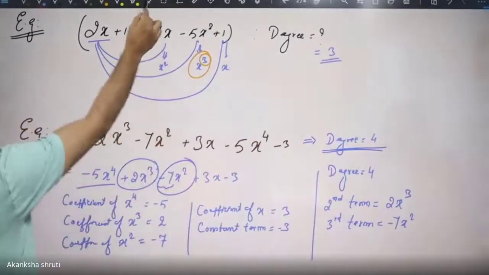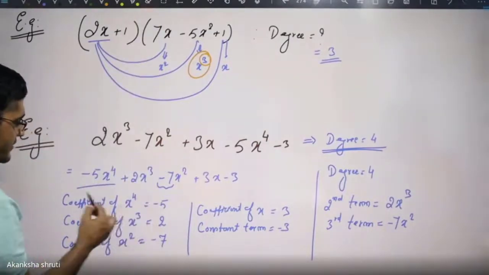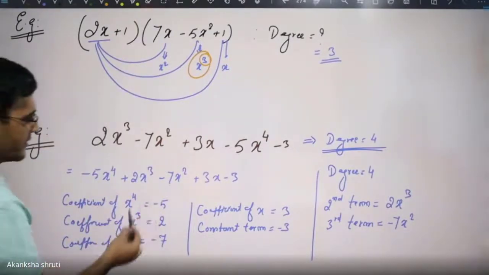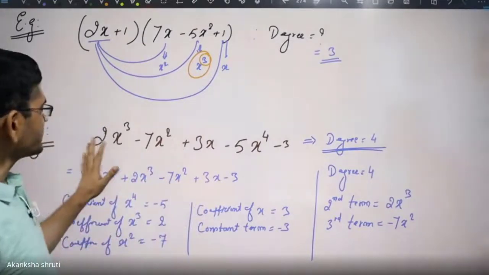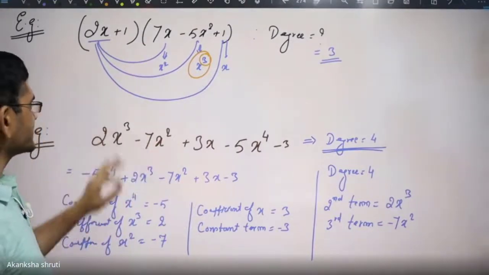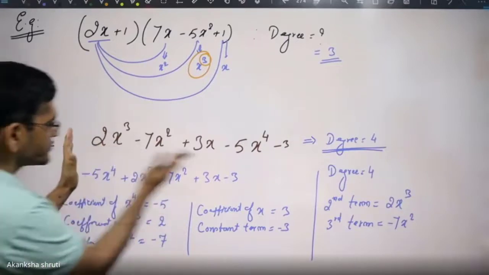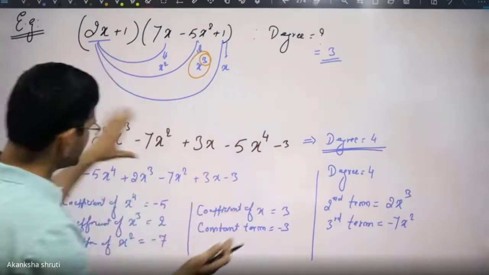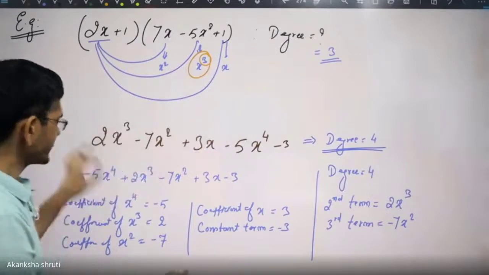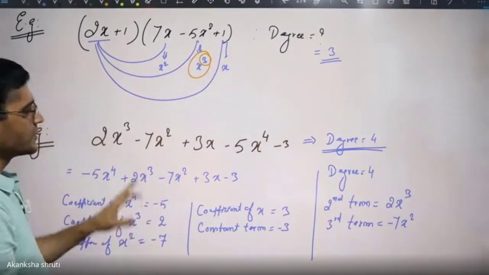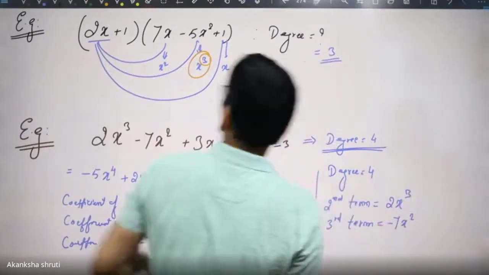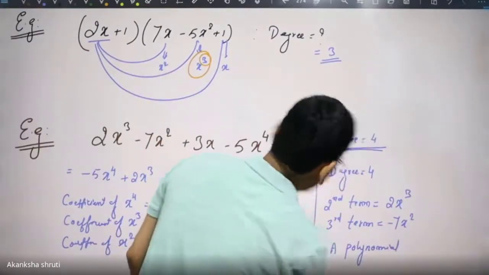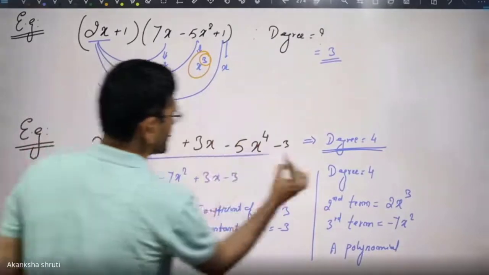So this way we have become familiar with what we mean by the general expression and what it denotes. So student, if you compare this with the general expression, this is a mathematical expression which satisfies the condition of a polynomial. So it is a polynomial. Polynomial means this entire expression is a polynomial.